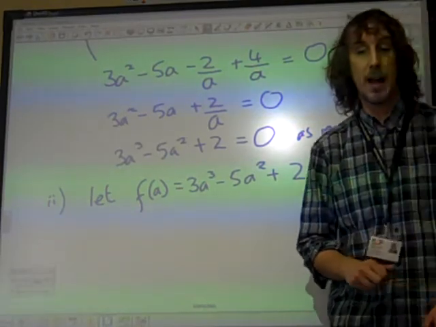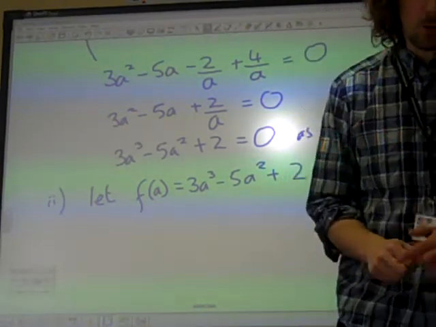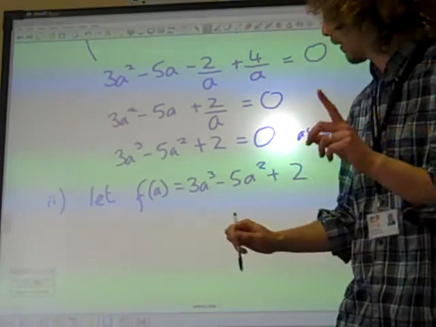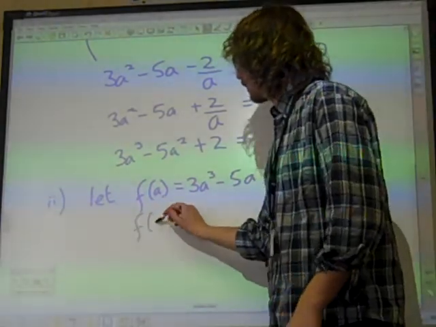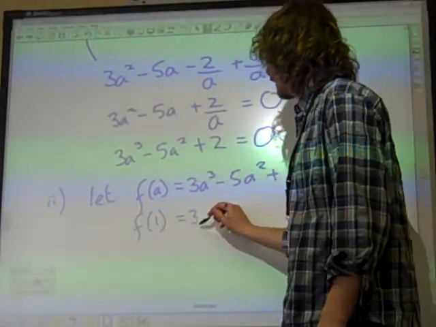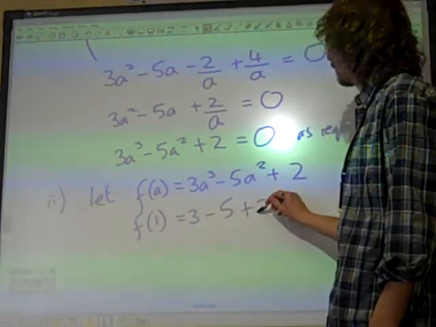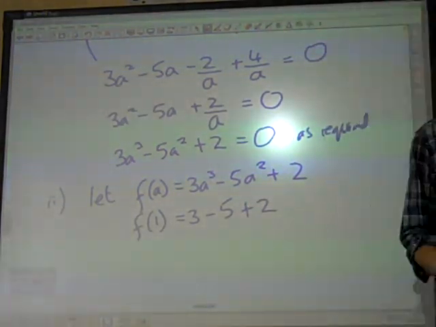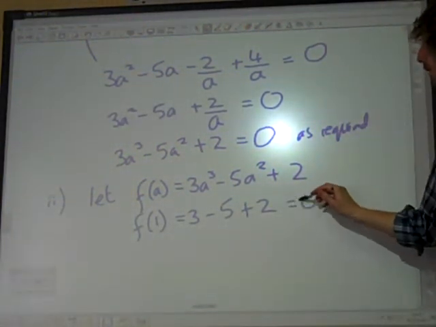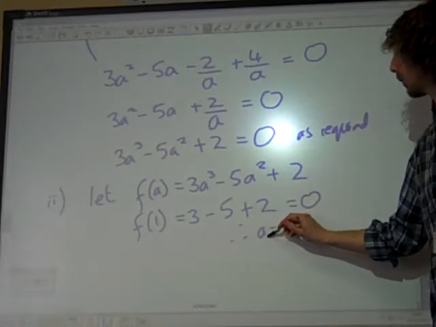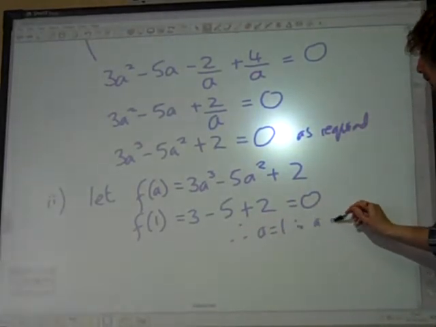If we want to show that a equals 1 is a root, we're going to evaluate f of 1, that's 3 minus 5 plus 2. 3 take away 5 plus 2 is 0. Therefore, a equals 1 is a root.